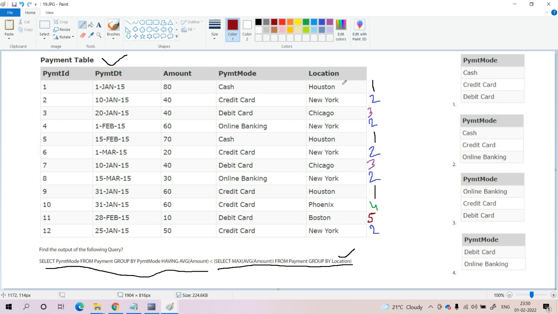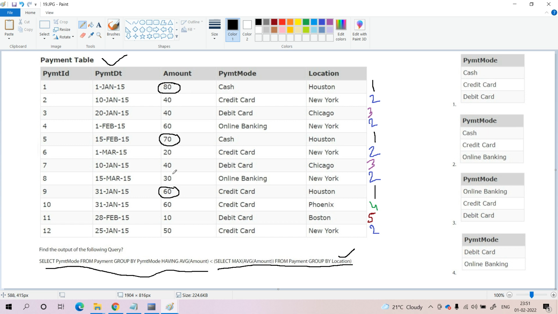Now let us assume, in the first group, let me take the amounts. The amount in the first group is 80 here, and here 70, here 60. The total summation of the three amounts is 80 plus 70, 150, plus 60, 210.